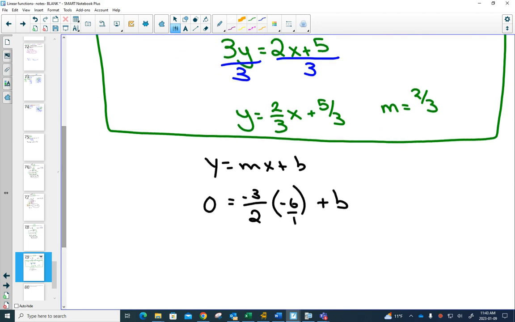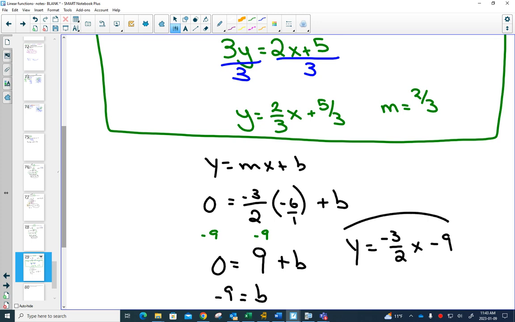Right? Multiply the tops, multiply the bottoms. Can you see that this would be 18 over 2, which reduces to 9? If I wanted to get b by itself, I'd have to subtract 9 on both sides. And now that we have our slope and our y-intercept, we can write the y equals mx plus b form completely.